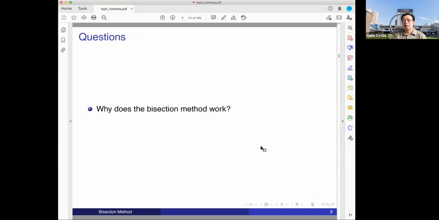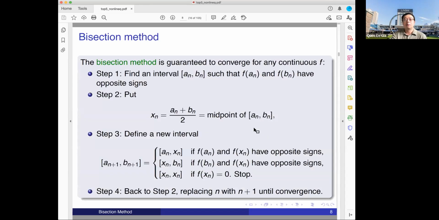And what if the function doesn't cross the x-axis? Well, that is the assumption that we have to start with an and bn having opposite signs. That means one is below and one is above the x-axis. So what theorem gives you that if one value is above and one value is below the x-axis, then f must have a zero in between?